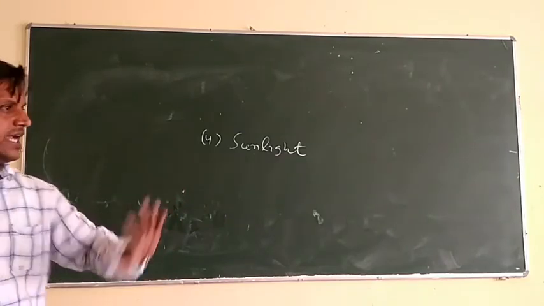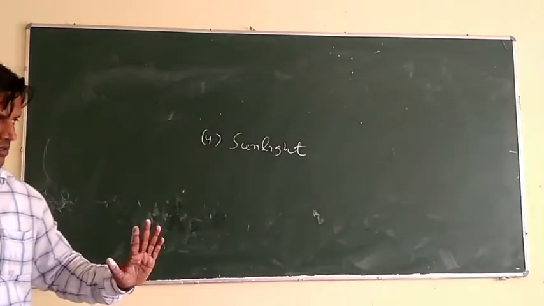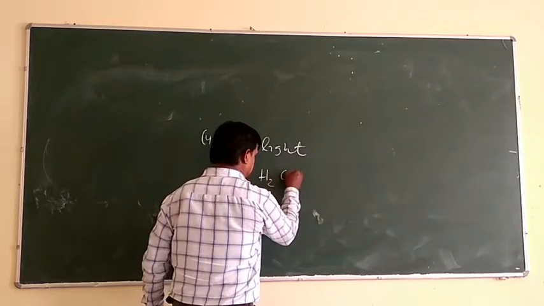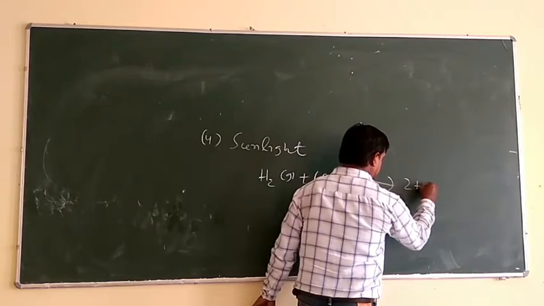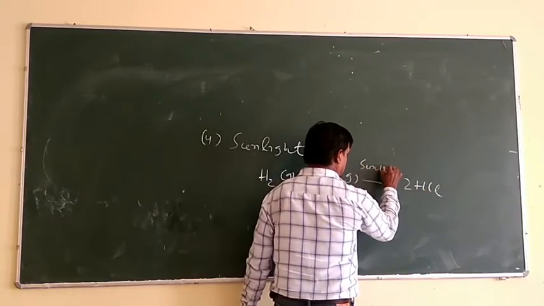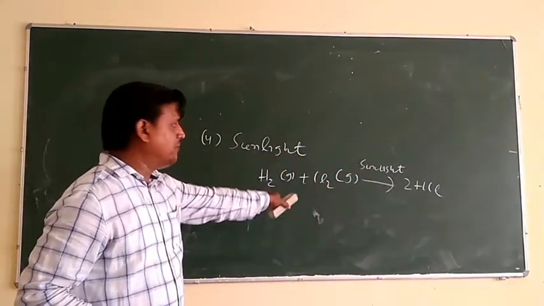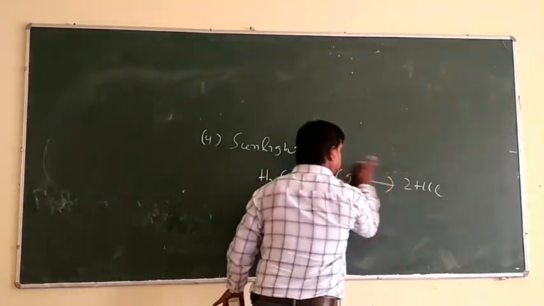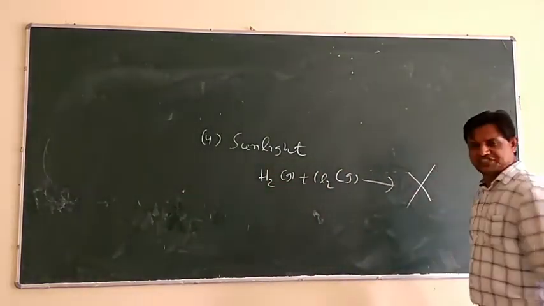In the absence of sunlight, there is no progress of the chemical reaction. For example, if you take H2 gas and Cl2 gas forming 2HCl, sunlight is needed. In the presence of sunlight, H2 combines with Cl2 to form HCl. In the absence of sunlight, there is no formation of product.